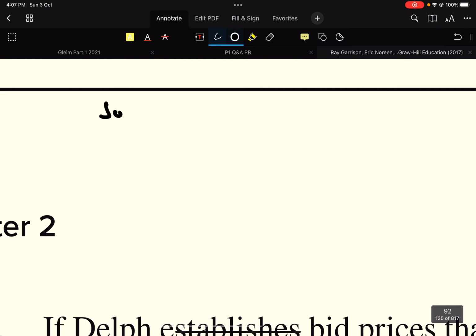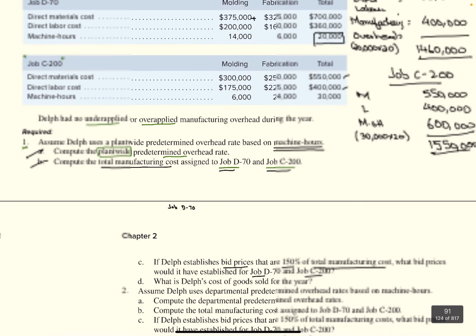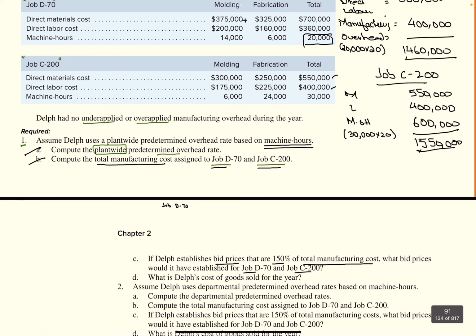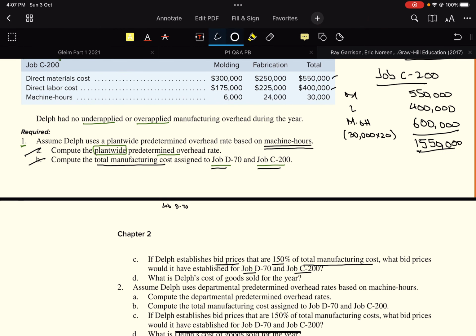So for job D70, the cost is 1,460,000. The customer price is 150% of this, so this is 2,190,000.